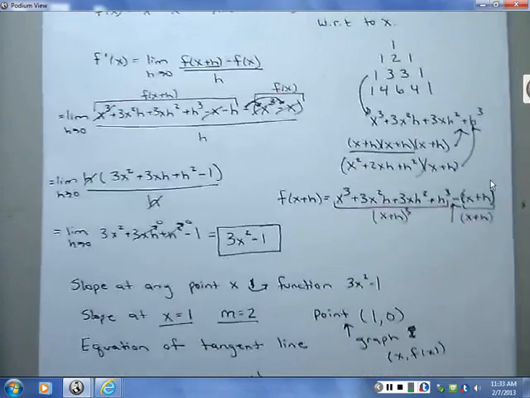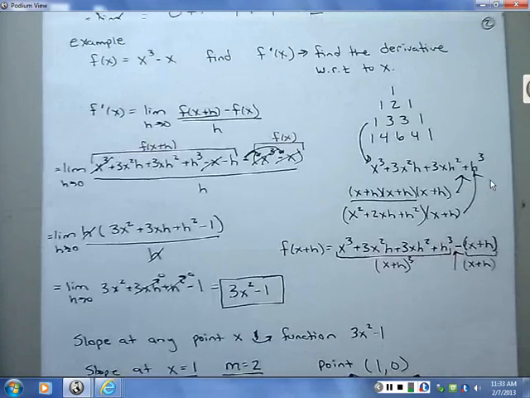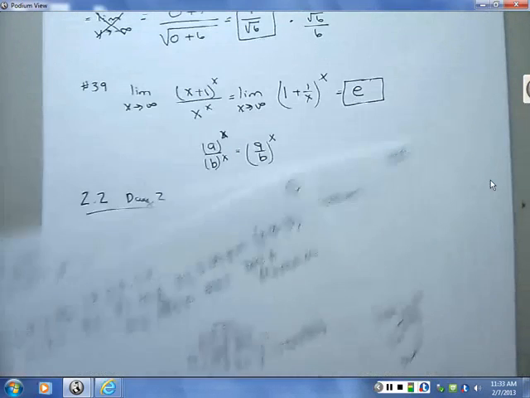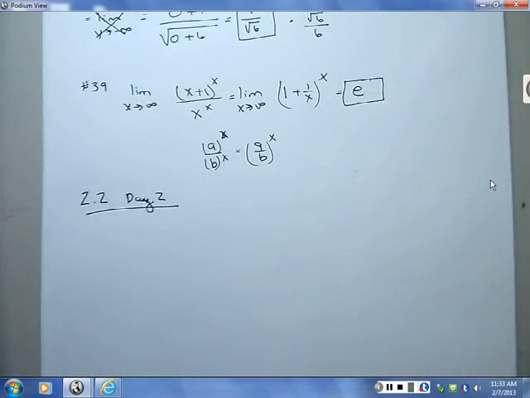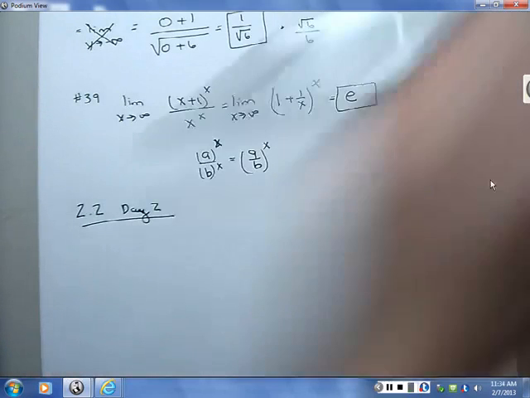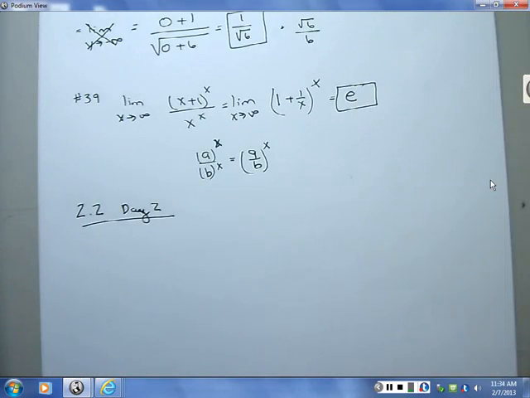Am I missing a page? Okay, we did the example where we had x cubed minus x. And then we also did the example where we had 2 over x squared, right? I don't know where that page went. We did 1 over x squared, sorry. We did 2 over x a couple days before that.